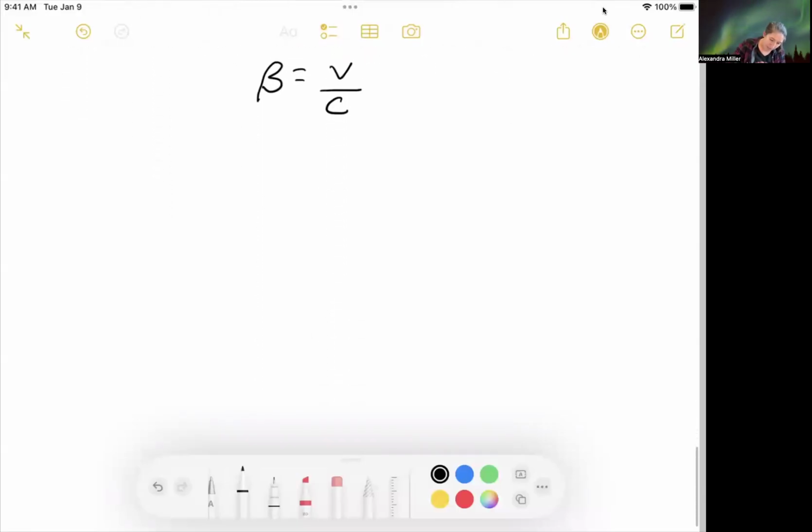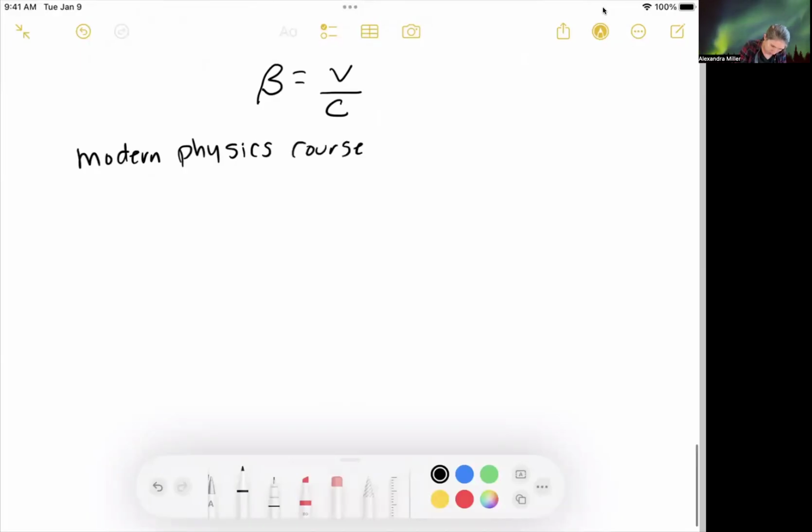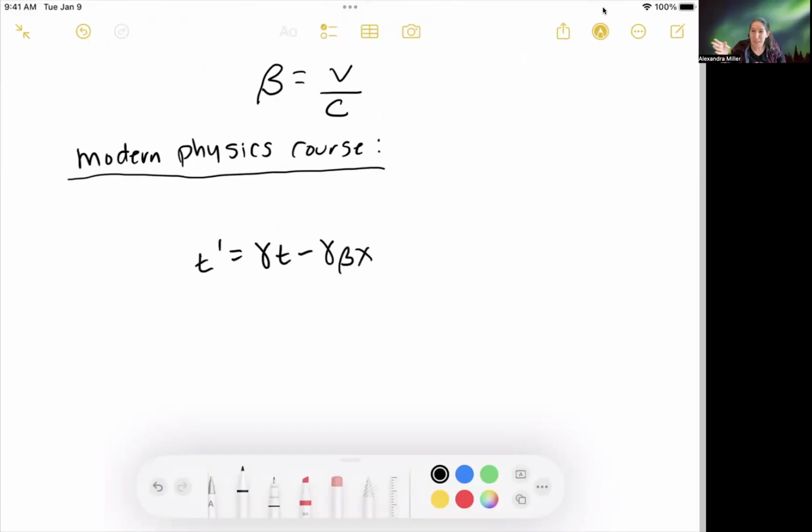So in your modern physics course, you probably learned some Lorentz transformations. And my guess is you learned a couple formulas that looked like this. t prime equals gamma t minus gamma beta x, or something that looks like that, depending on whether you were using gamma or beta.